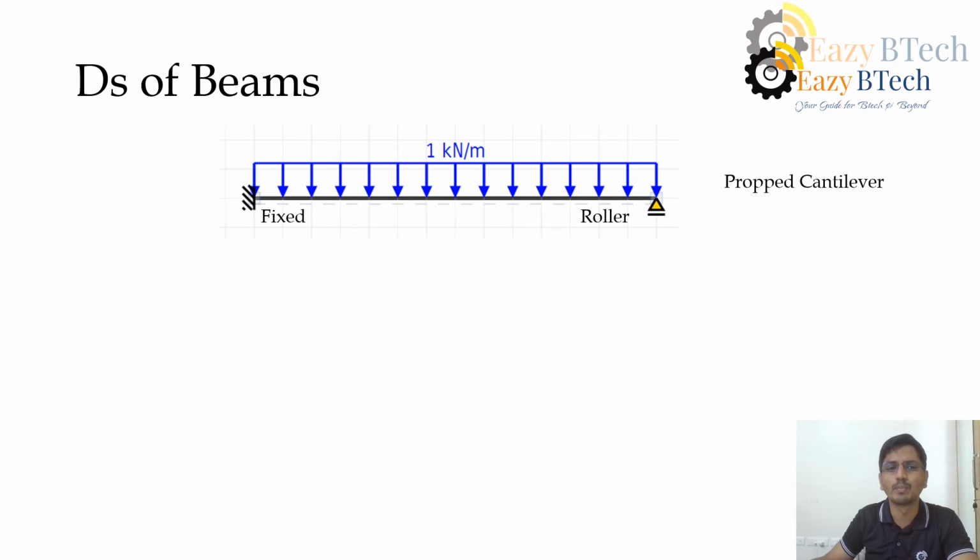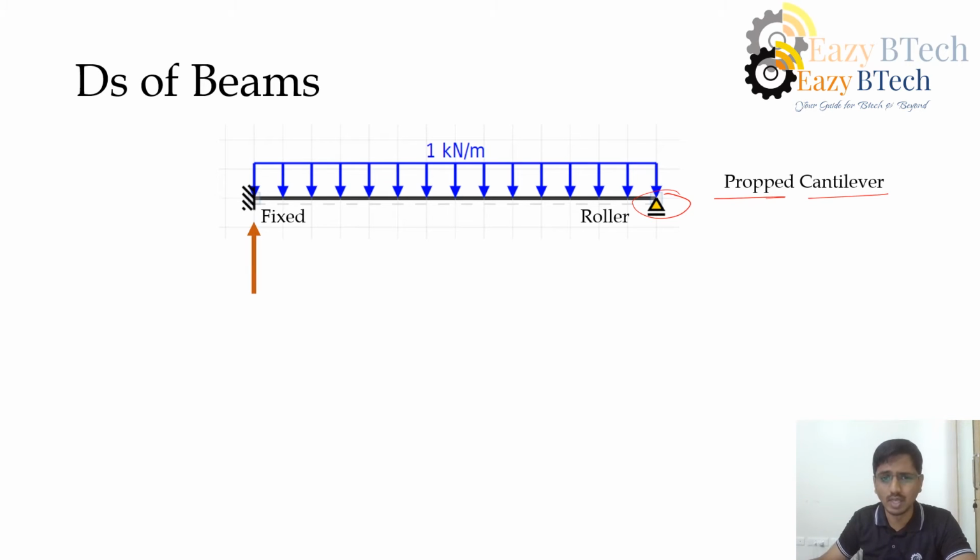Why is it called a propped cantilever? If I remove this roller, then this beam becomes a cantilever. If I provide some support in the vertical direction, it acts like a prop. Prop in the sense of a support in the vertical direction. That's why I call this a propped cantilever.